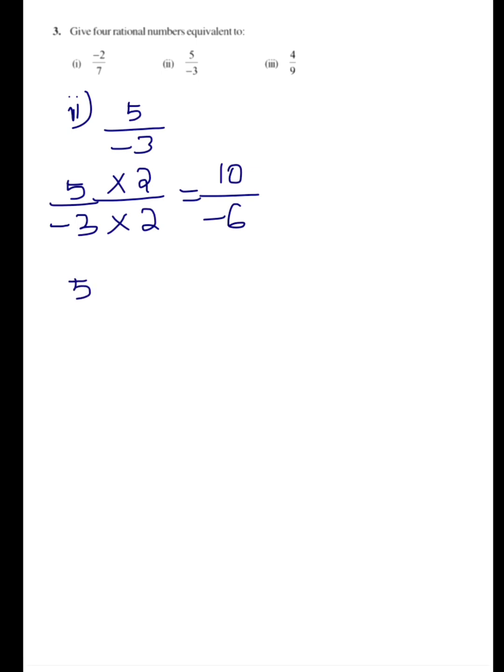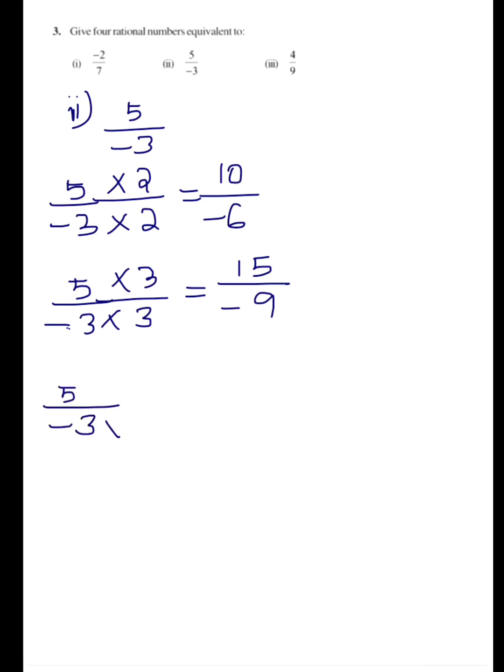Now next, suppose I am multiplying with 3, then into 3 into 3. So what is 5 into 3? It's 15. And what is minus 3 into 3? It's minus 9. Now my 5 by minus 3, suppose I am multiplying with 4, then you will get the answer as 20 by minus 12.